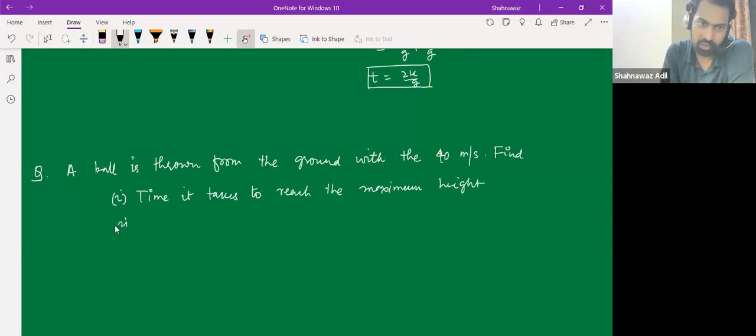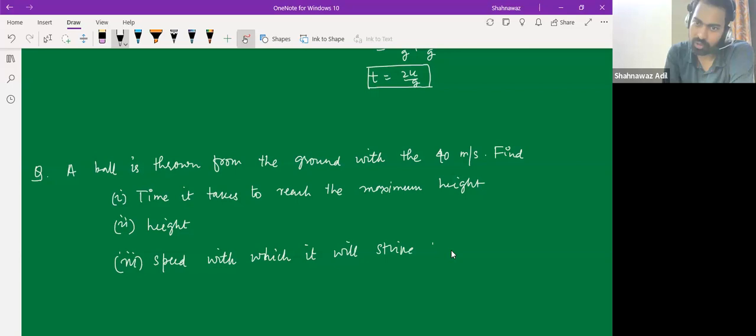Second is the height, whatever distance it covers in the upward direction. And the third one is the speed with which it will strike the ground.